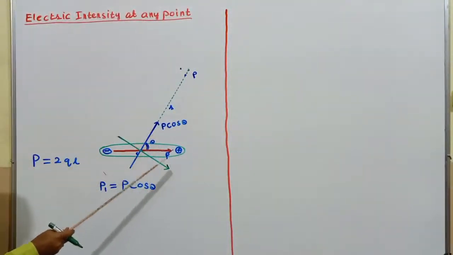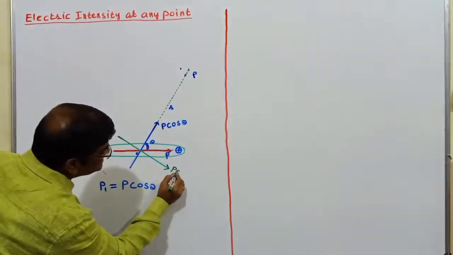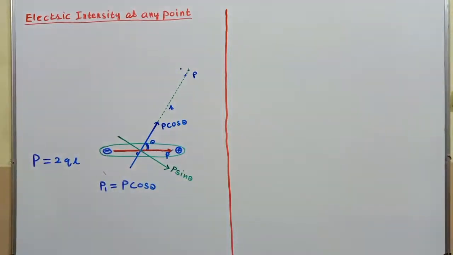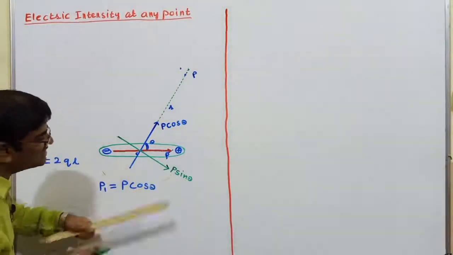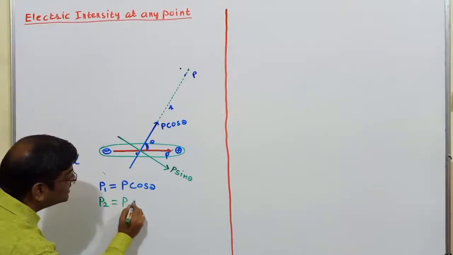First part I got here, second part I have got here. And how much is this? P sin theta. Second part is P sin theta. I'll write that second part P2, P sin theta.